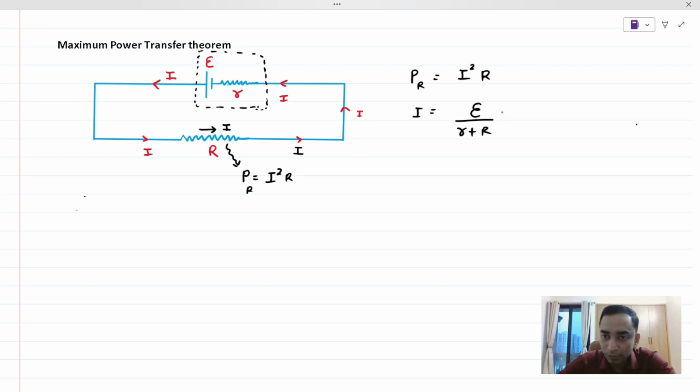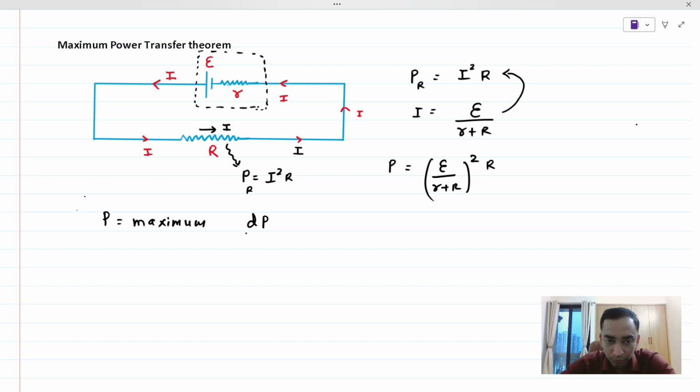So I'm going to plug in this value of I in our equation of power. So power is equal to EMF upon R plus r, the whole square, times capital R. All right. Now, if we want power to be maximum, then the first order derivative of power with respect to a variable quantity should be considered.